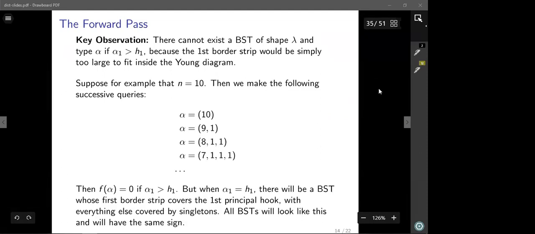So that gives us a hint as to how we can figure out the size of the first principal hook. What is the first principal hook length? So suppose n is 10. We don't know lambda, we just know it's a partition of 10, and we're trying to figure out how big the first hook is. So we start asking this person, well, what if I take alpha just to be 10? There's a single part of size 10.